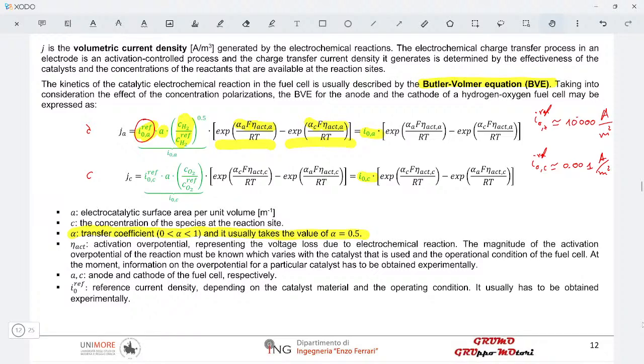That's because it's not just about the catalyst, it's also about which species reacts with the catalyst. And this is also what explains why the cathode is always the slower side of the cell. The limiting factor in all the fuel cells of this type that you will encounter will always be the cathode.